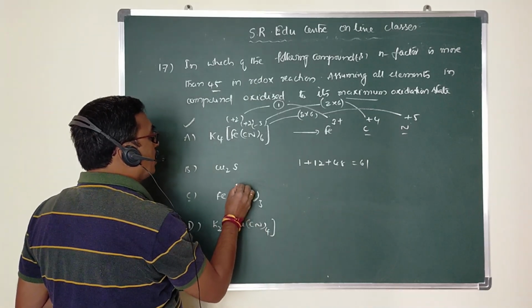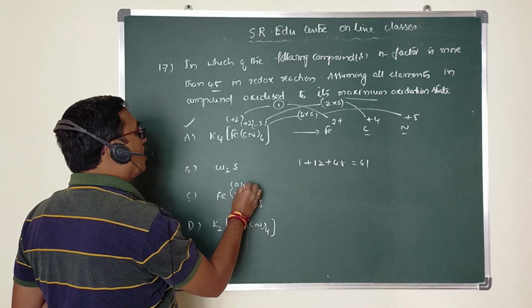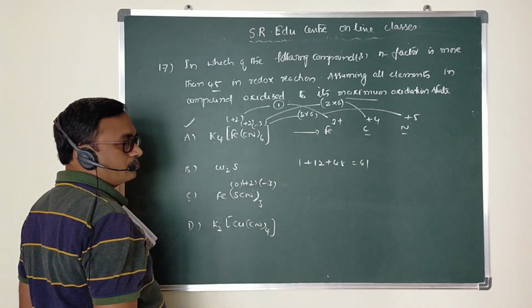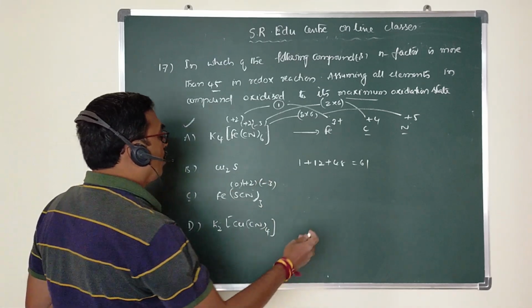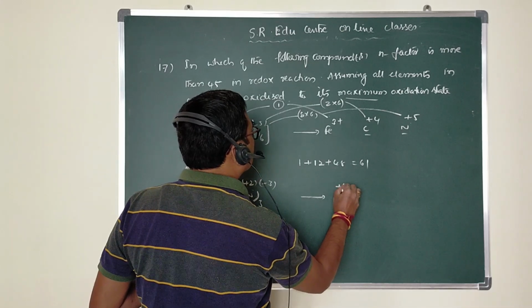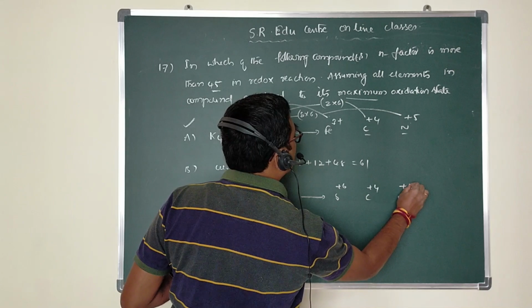In Fe(SCN)3, the oxidation state of sulfur is 0, carbon is +2, and nitrogen is -3. So the maximum oxidation state of sulfur is +6, carbon is +4, and nitrogen is +5.